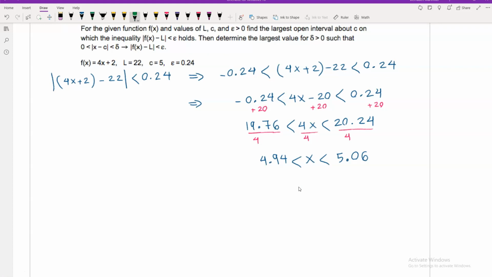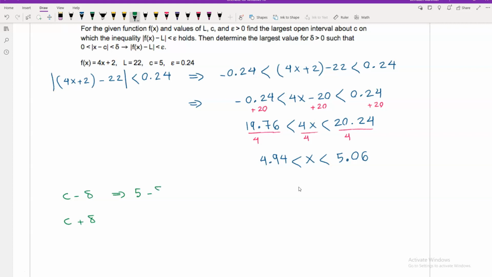And now we can find delta based on these two numbers. So finding delta, we have to find C minus delta and C plus delta. We have these numbers here. Our C is 5.